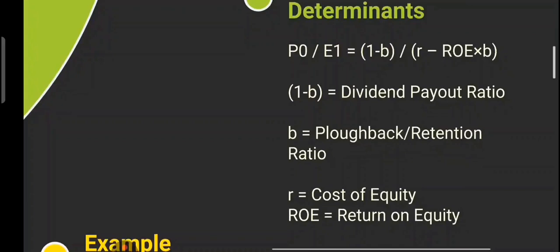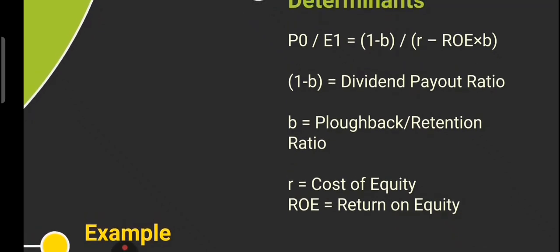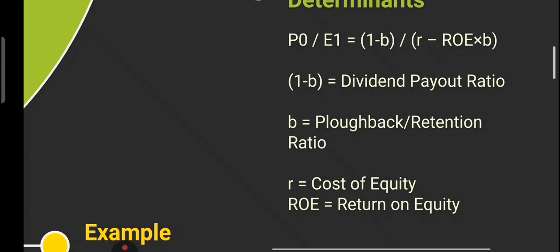So remember the formula: 1 minus b upon r minus ROE multiplied by b. In the numerator just 1 minus b, in the denominator r minus ROE times b, and every aspect should be taken care of. Now let's make it easier with an example.